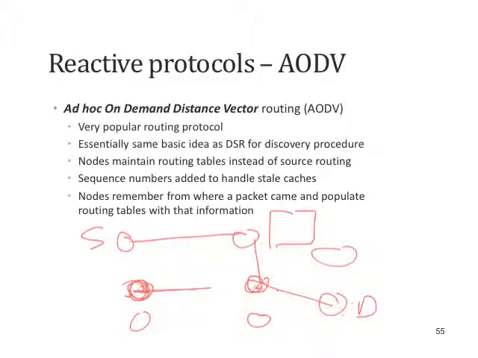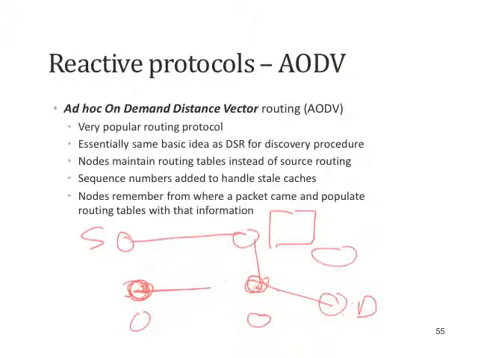Because if we do not use any indication that this is a new route or this is an old route, this node, once it receives any route update, any flooded packet from anywhere, it will stop. It will stop and say, whatever I have in the cache will do. So that's it.